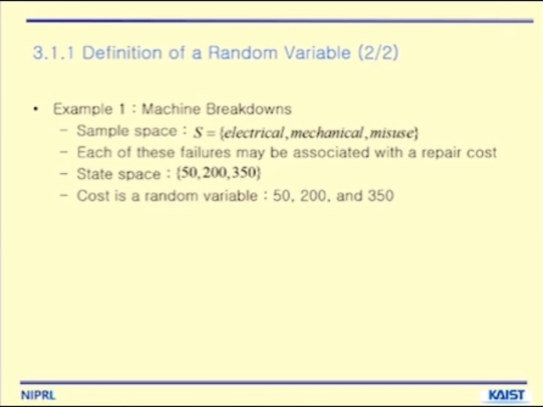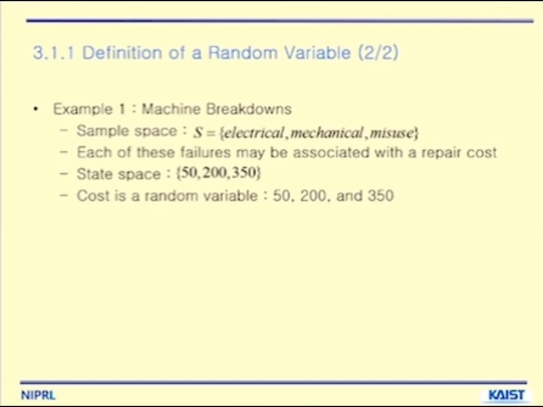The state space will now be the range of the random variable. Don't forget, the real outcomes are electrical, mechanical, misuse. But for every one of those reasons, we have a corresponding repair cost value. Now, on average, when a machine broke down due to an electrical issue in the past, I spent $50.